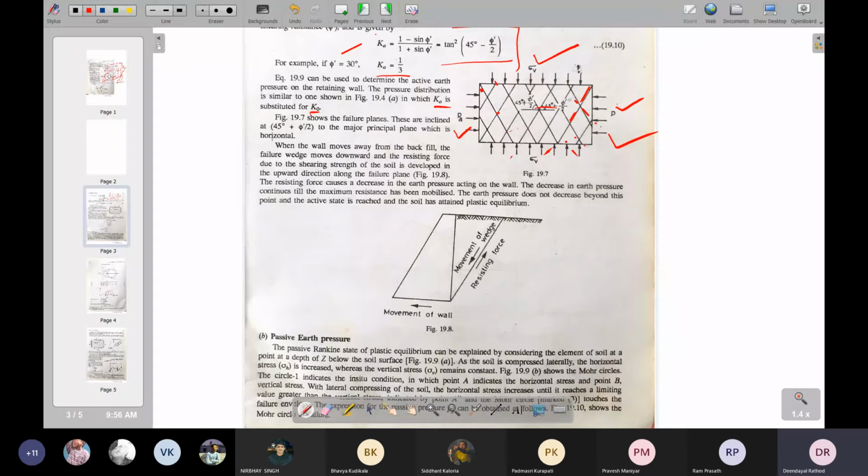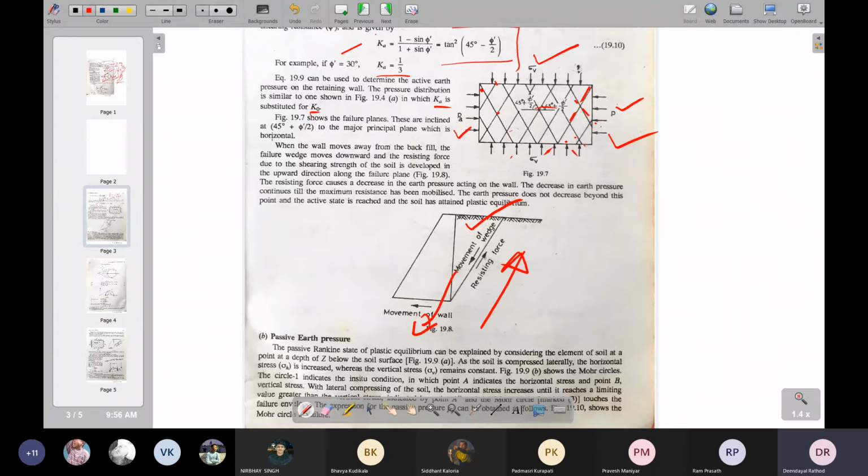When the wall moves away from the backfill, the failure wedge occurs. This whole thing will try to fail. This is the resisting force. When the wall moves away from the backfill, the failure wedge moves downward and the resisting force due to the shearing strength of the soil is developed in the upward direction along the failure plane.